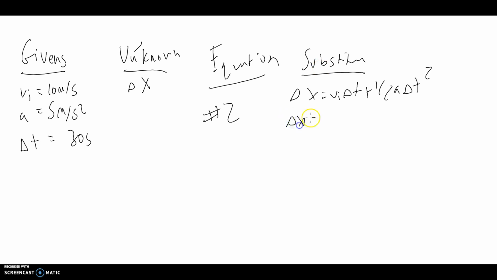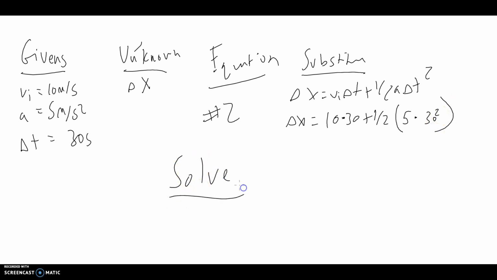And then you substitute this all in. So we're solving for delta x equals 10 times 30 plus 1/2 times 5 times 30 squared. And then to solve, again, just pause the video and try to plug this into your calculator to see if you get the same answer that I got.